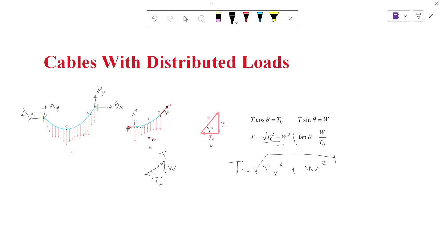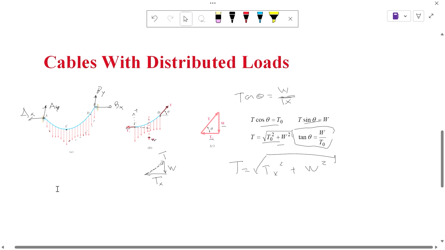So get used to using your tangent, because it's usually the way to find the angle. And then the tension is from your cosine and sine. And remember, tangent of the angle is the y contribution divided by x, y over x. So this is W divided by Tx.